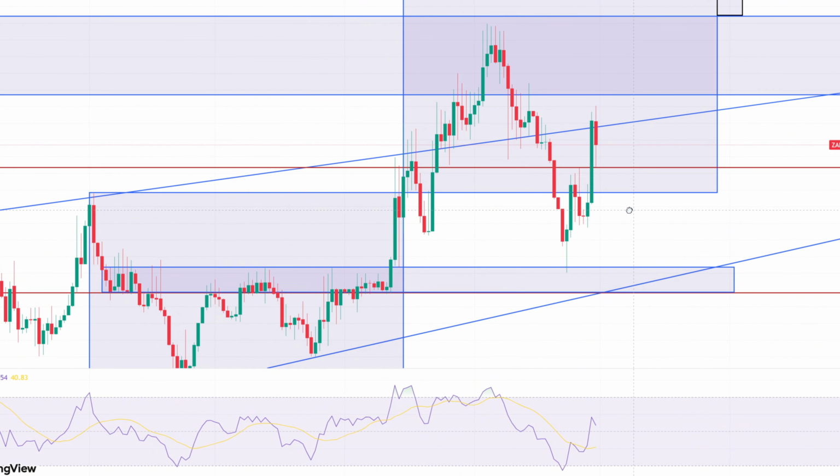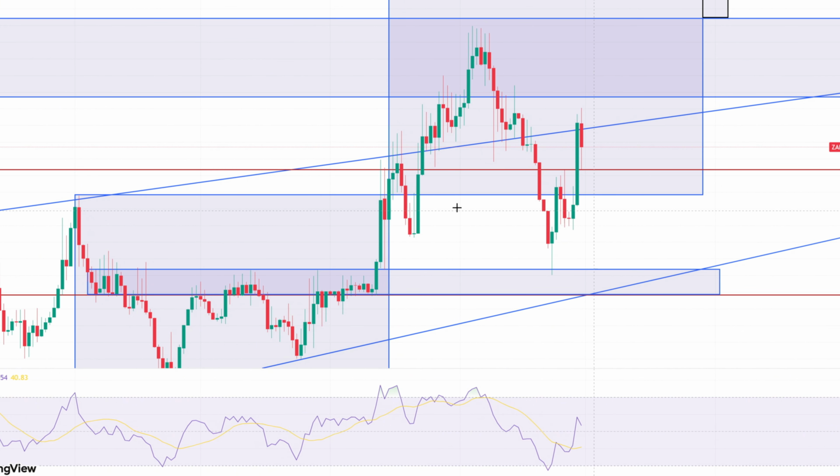But then also let's have a quick look into the downside, because what we do not want to see, or what would invalidate this scenario, is if we would do right here a move. This would not be dramatic, even if we are closing here below this resistance level.